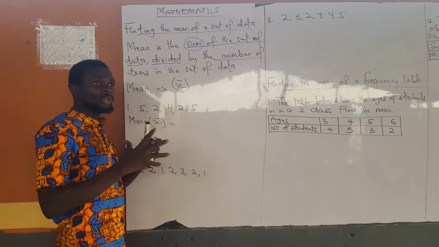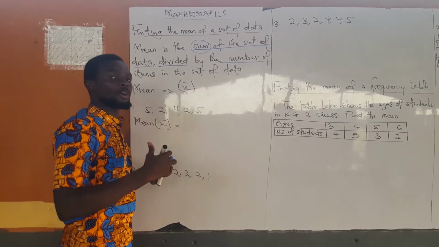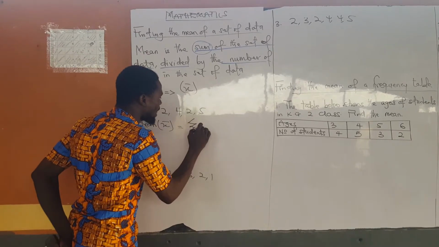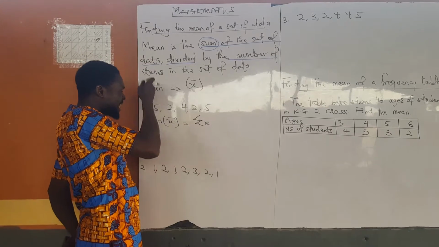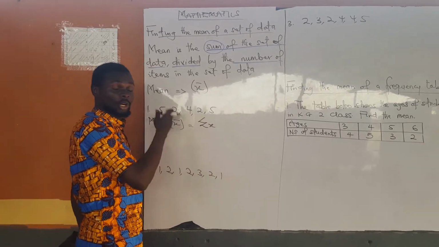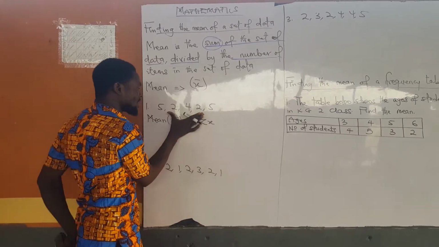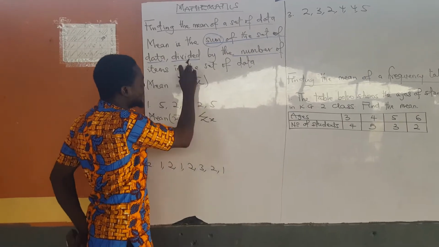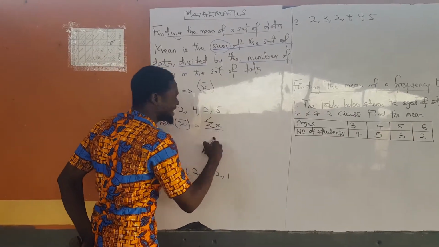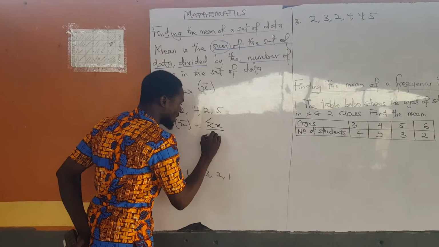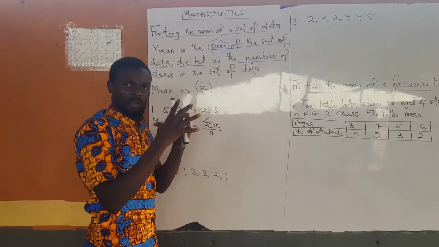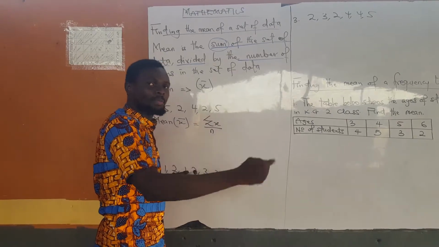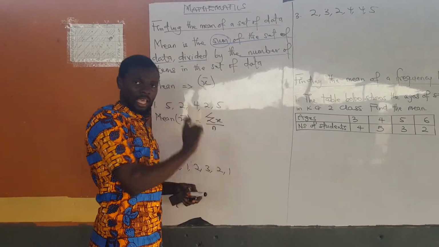Because we are using sum, in terms of formula we can say sigma x, and this x represents each of the numbers here. So the sum of these values divided by the number, let's say n.